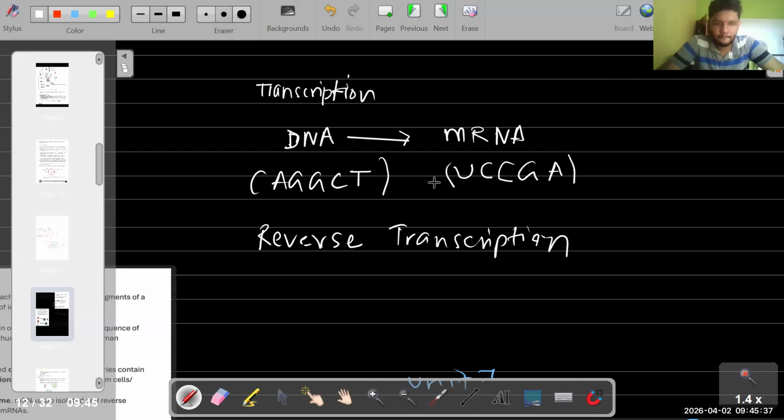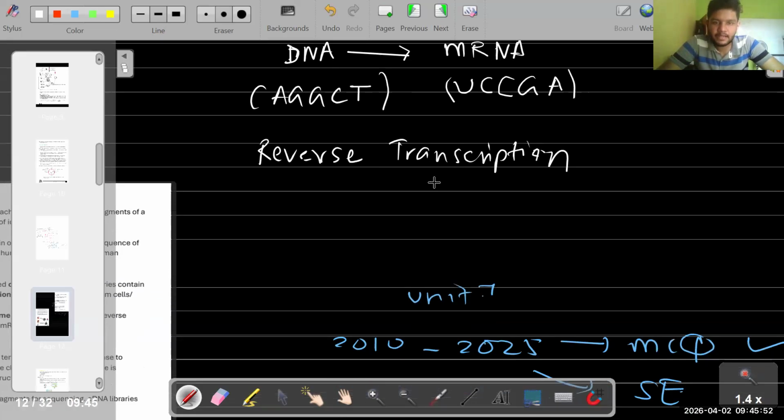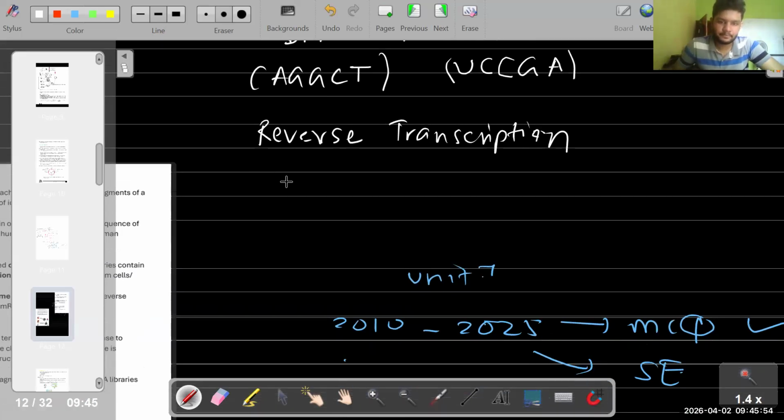No idea? Transcription means DNA to mRNA. Reverse transcription means mRNA to DNA. That is the difference. Is it clear?